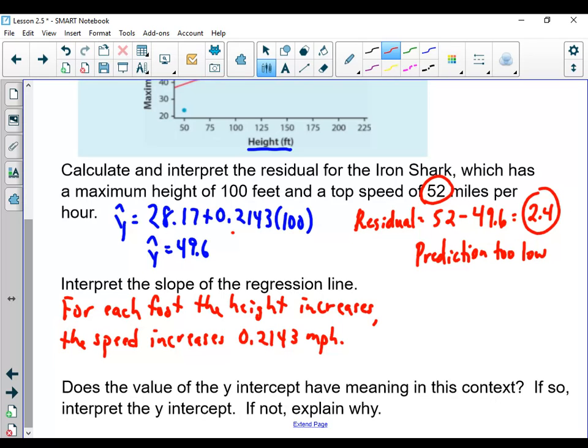Which makes sense because if you're only going to raise it up a foot, it's probably not going to go too much faster. But again, we talked about 1 unit for the x. What happens to the y?